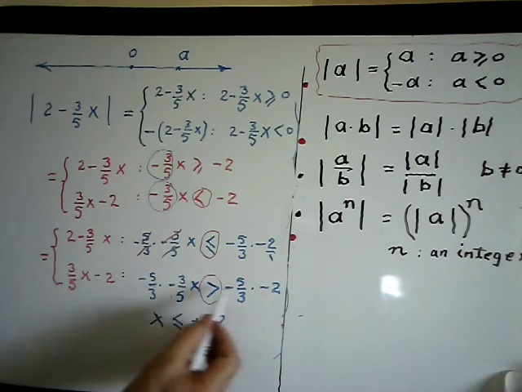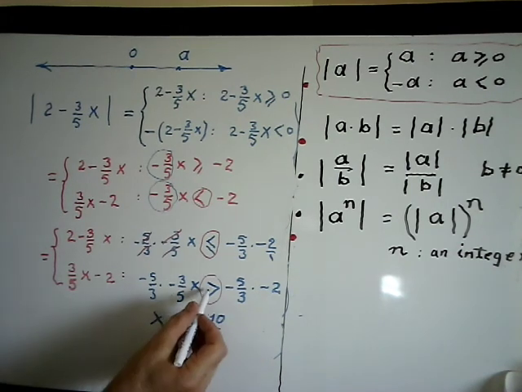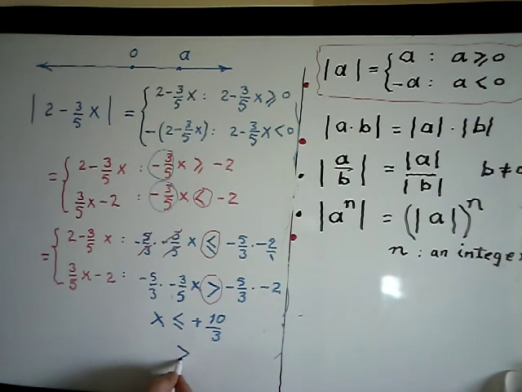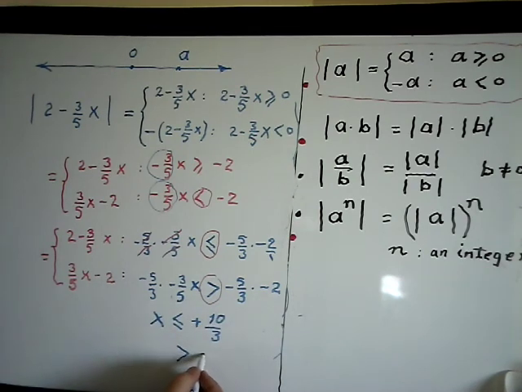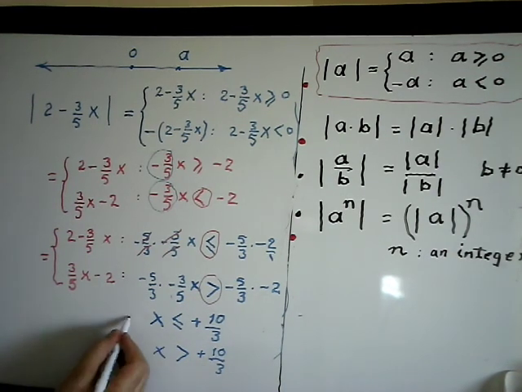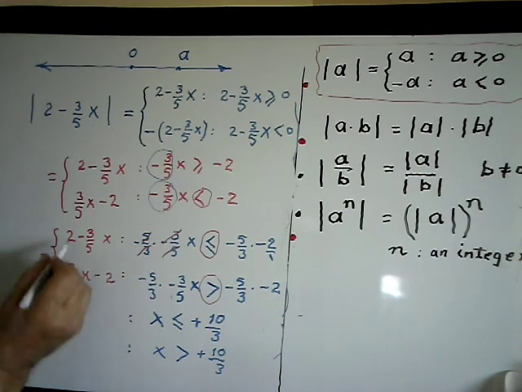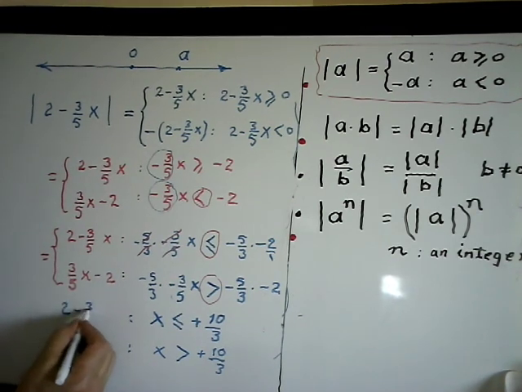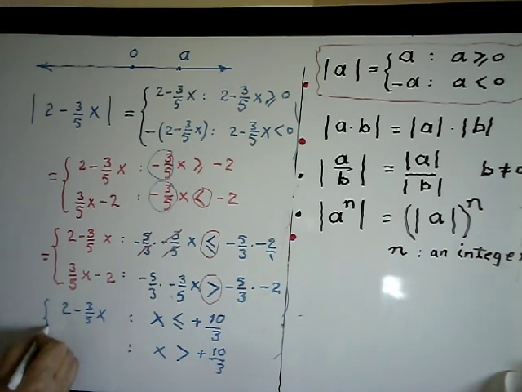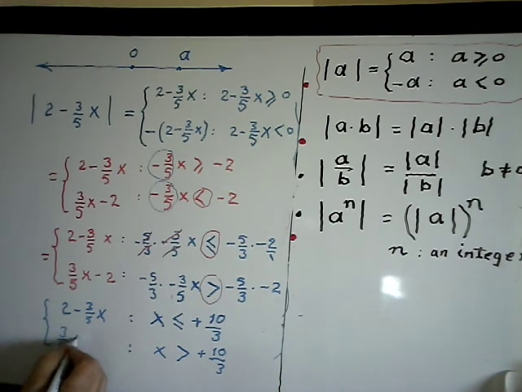And the same thing will happen here. Just keep the inequality sign, so it will be plus 10 over 3. And we state all those here, writing those: 2 minus 3 over 5x or 3 over 5x minus 2.